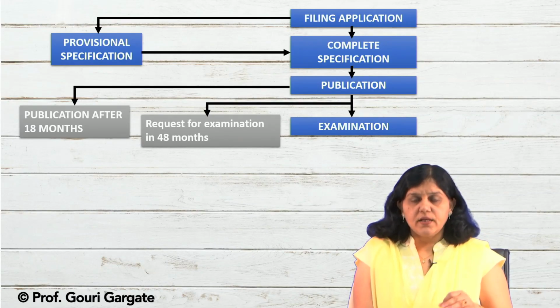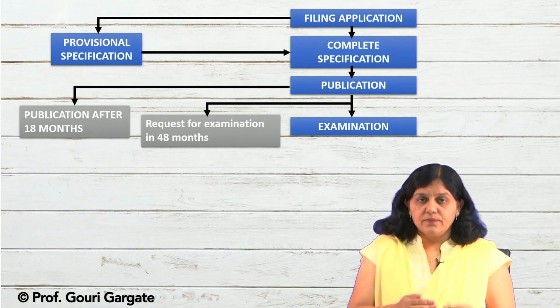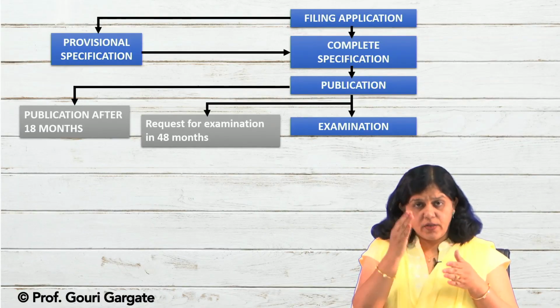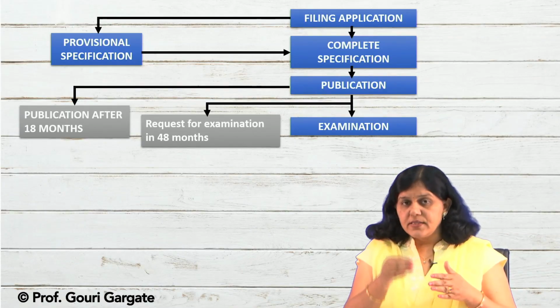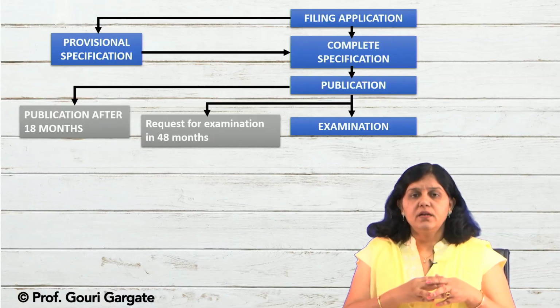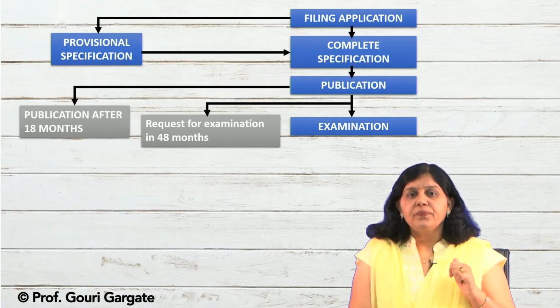So, the first thing the examiner will do is check whether your patent falls under any of those listed things. If it does, obviously that invention will not be considered for grant. So, that is the section 3 check.